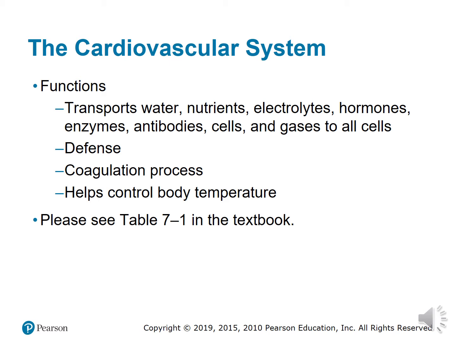All right. The cardiovascular system. The function of the cardiovascular system is to transport water, nutrients, electrolytes, hormones, enzymes, antibodies, cells, and gases to all cells. It serves as a defense, it's responsible for the coagulation process, and helps control body temperature.